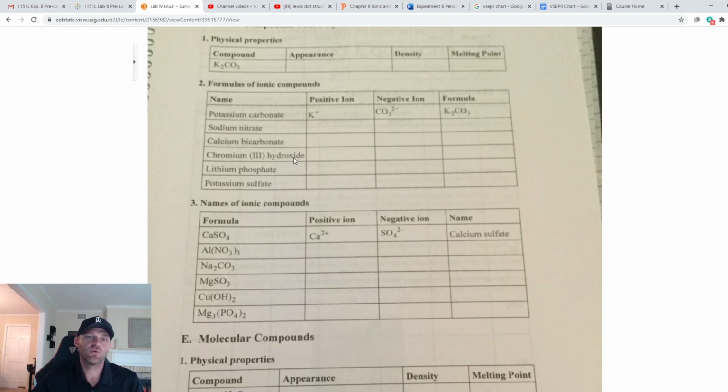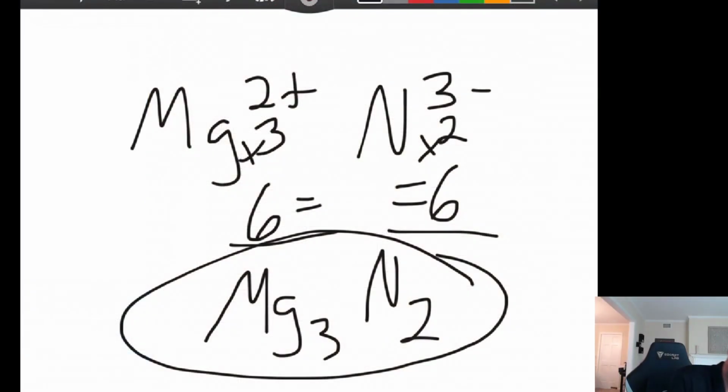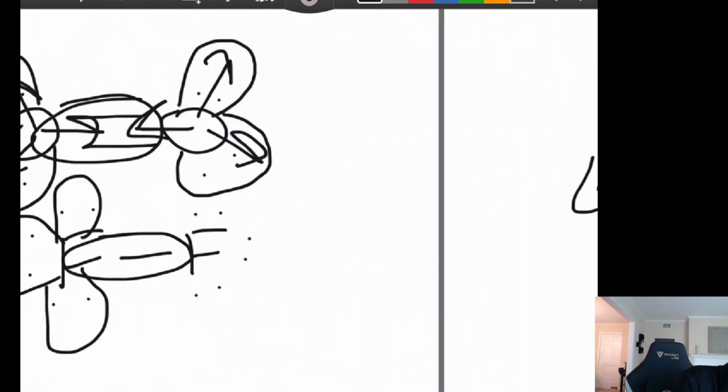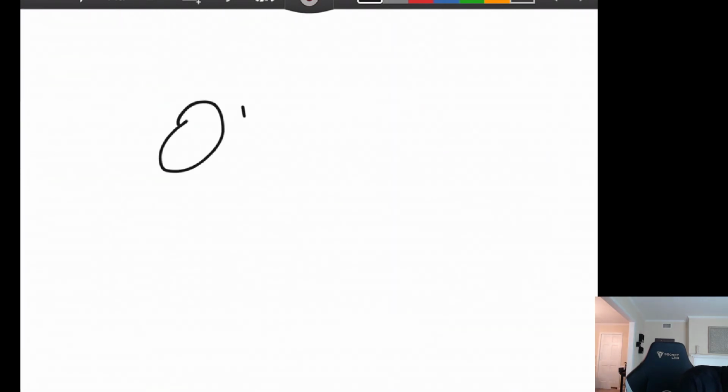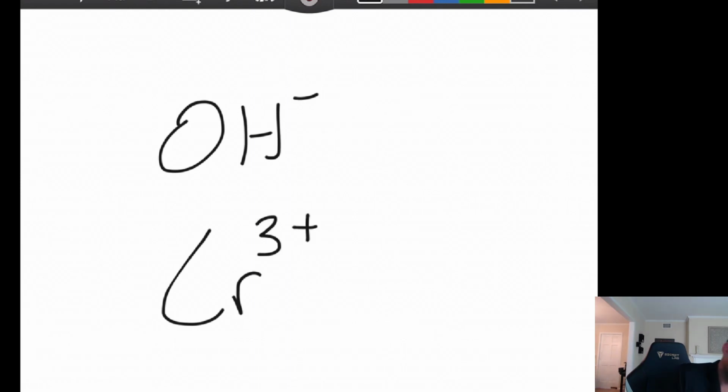So let's do chromium hydroxide as kind of an example. We said hydroxide is an OH minus. I'm acting like this is its own atom. That's what you do with polyatomic ions. They are connected in a different way, and we just leave them by themselves, okay? And my chromium was chromium 3, so Cr3 plus, okay?